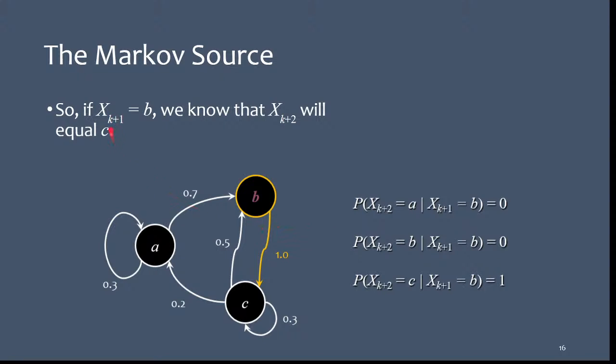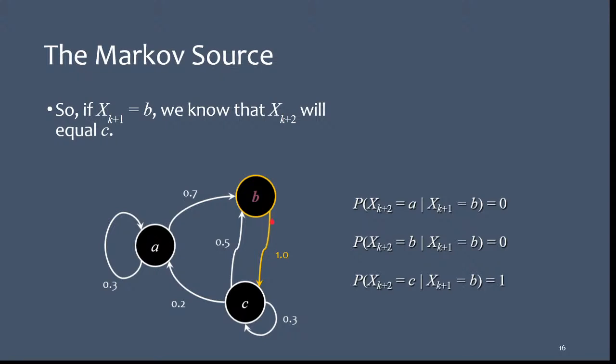Here is one more instance. In case x of k plus 1 is equal to B, then what is the next state x of k plus 2? Now we have to look at B. From B, what transitions do we have?